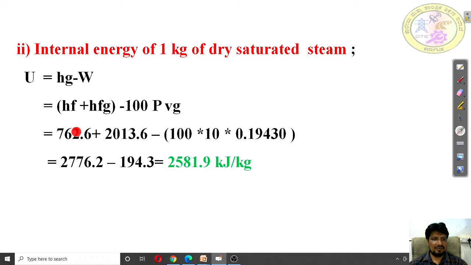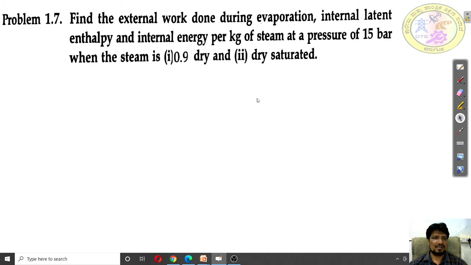Here also we know HF is 762.6, HFG is 2013.6, minus 100, P is 10 bar, and Vg from the steam table is 0.19430. So after calculation of this, you will get 2581.9 kilojoules per kg.